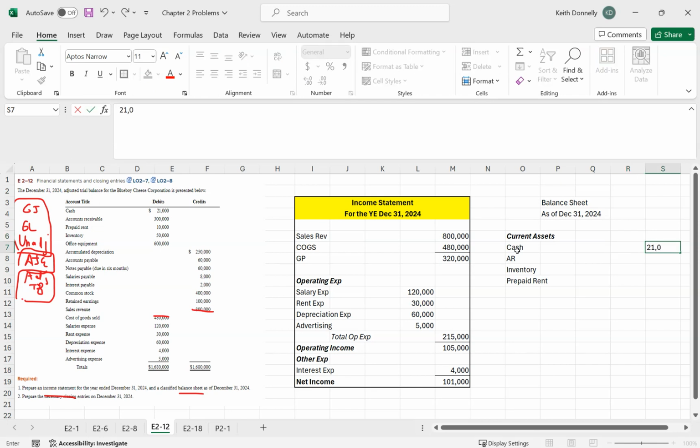So we're looking at 21,000, 300,000, 50,000, and then 10,000. That's going to get us our total current assets.